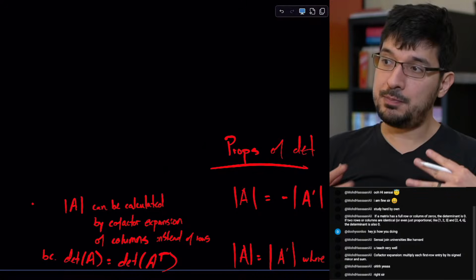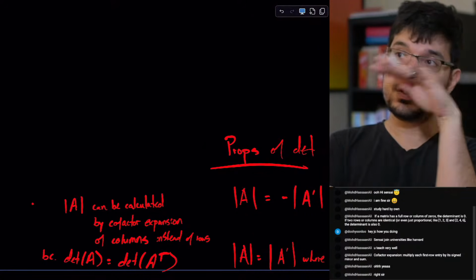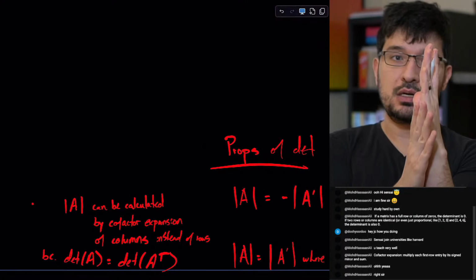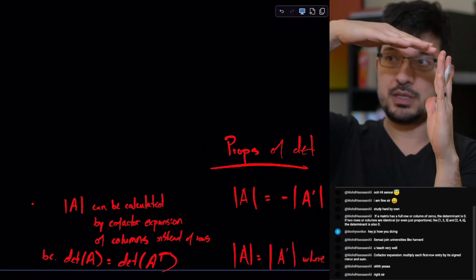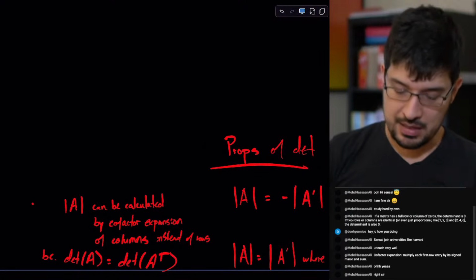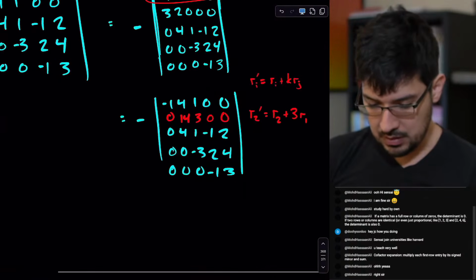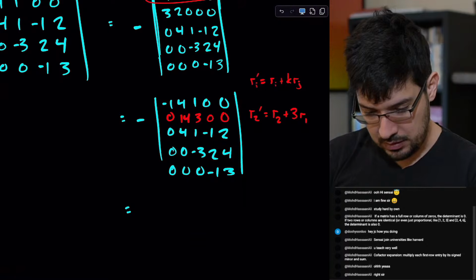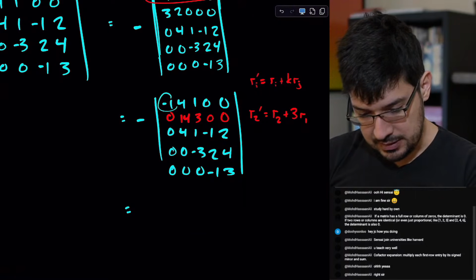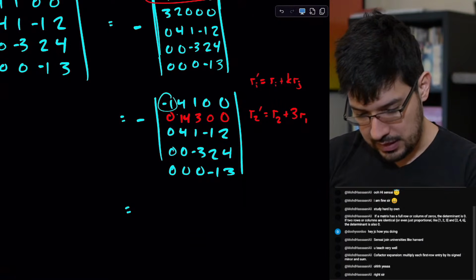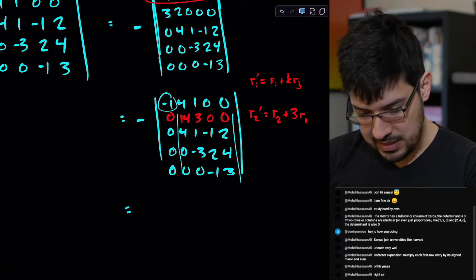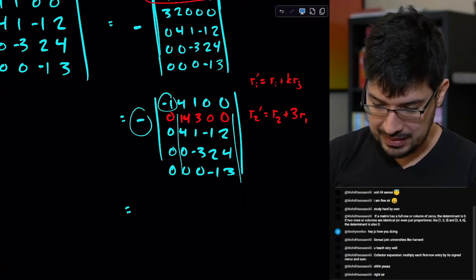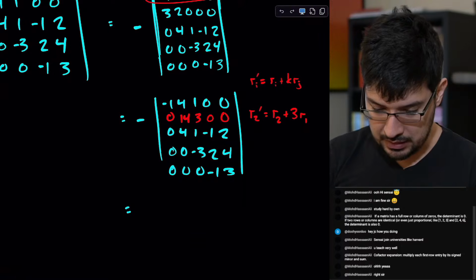So A transpose, you write rows as columns and columns as rows. So what used to be the first column in the transpose matrix, it's the first row. And then you just use the definition. This is -1 times the determinant of this thing, and -1 times -1 on the outside scalar.